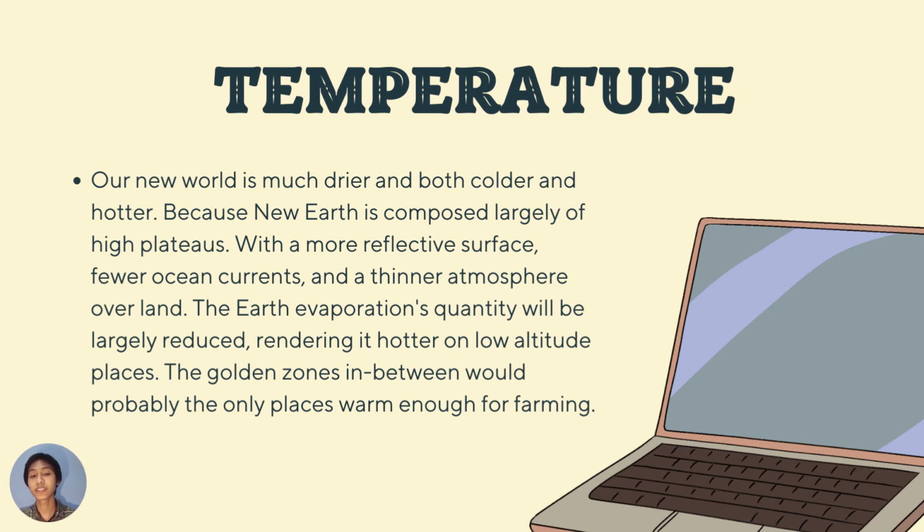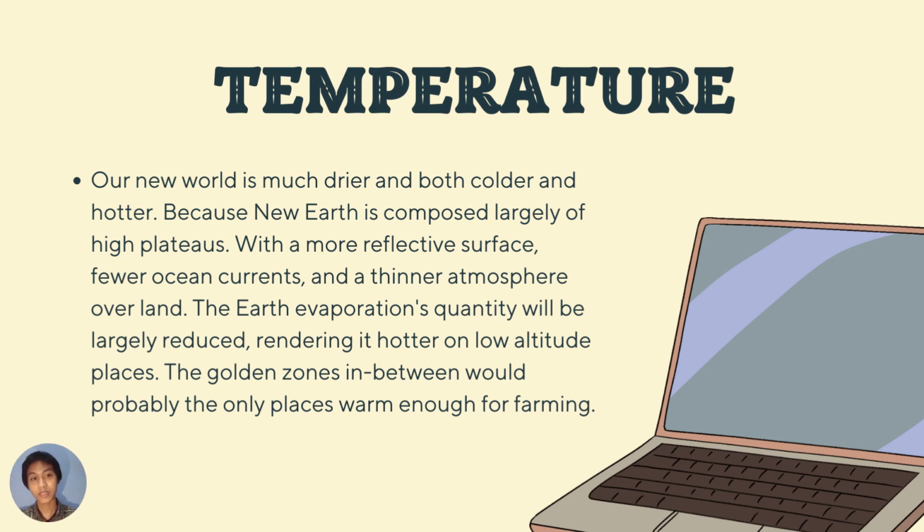The Earth's evaporation quantity will be largely reduced, rendering it hotter in low altitude places. The golden zones in between would probably be the only places warm enough for farming.